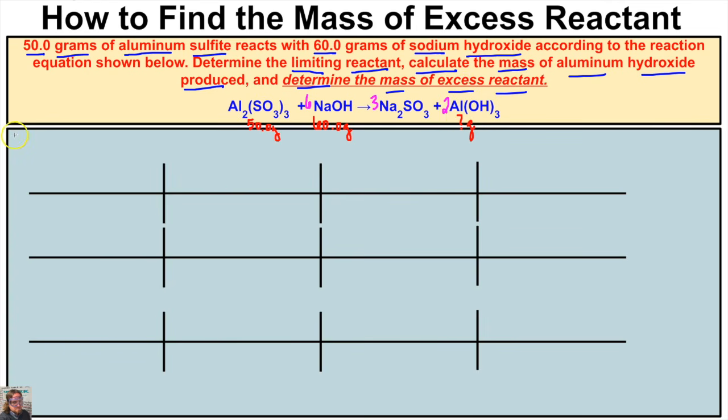So, in step number one, what we're going to do is we're going to find the limiting reactant, and we're going to find the mass of aluminum hydroxide that will be produced.